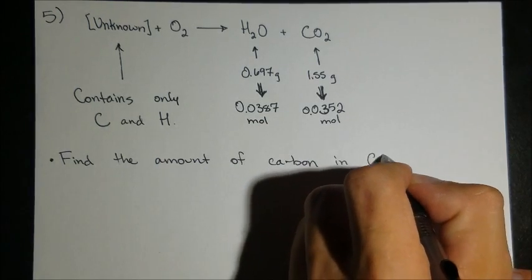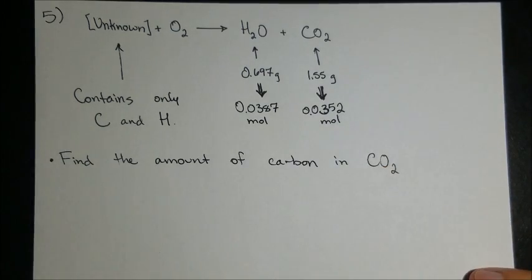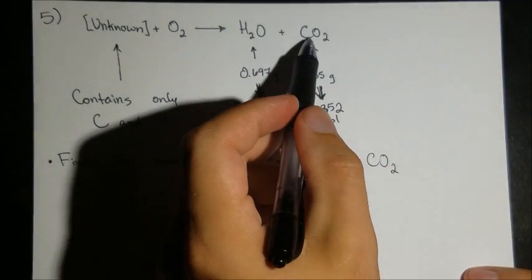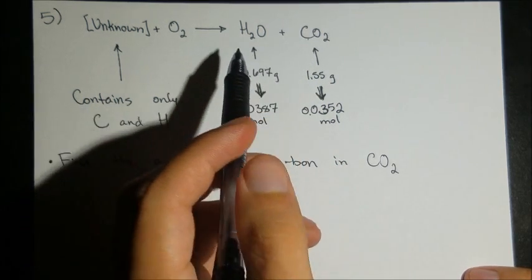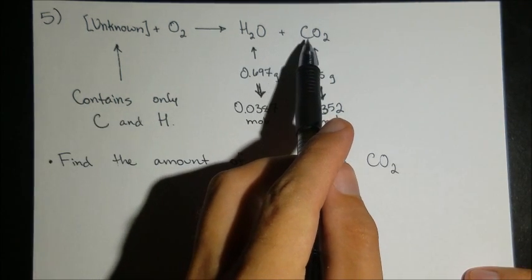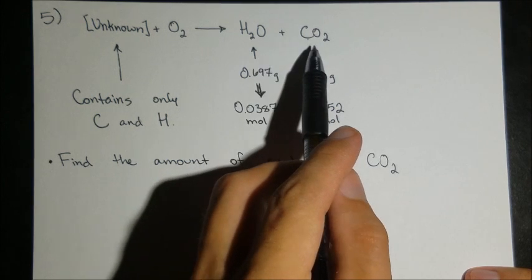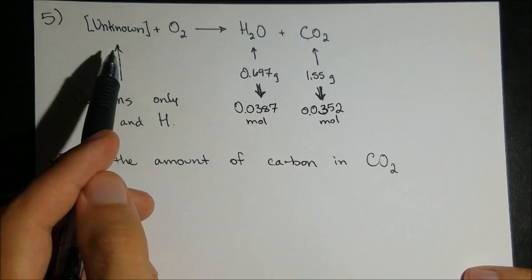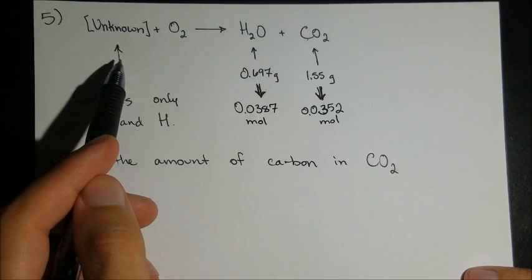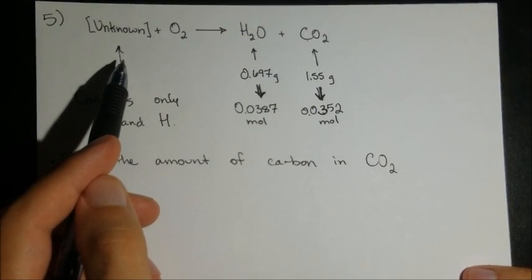in CO2. Why do we want to do CO2? Well, because it's the place where we have all of our carbon, and by the conservation of mass, we know that the amount of carbon on the right side of the equation, in the products, has to equal the amount of carbon we started with on the left side in our reactants.